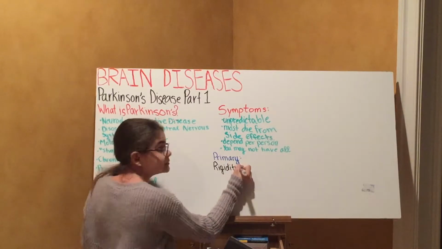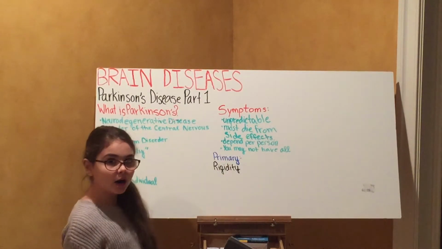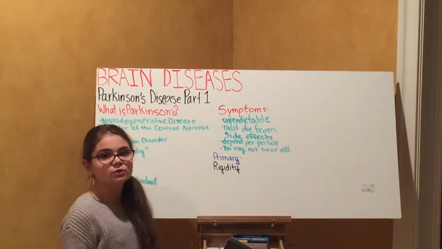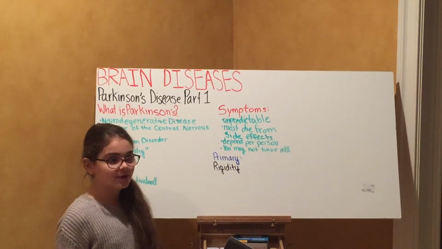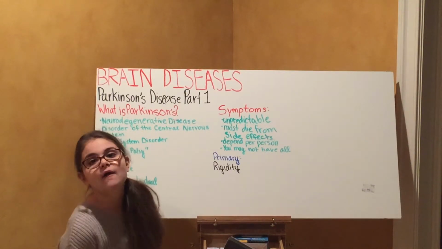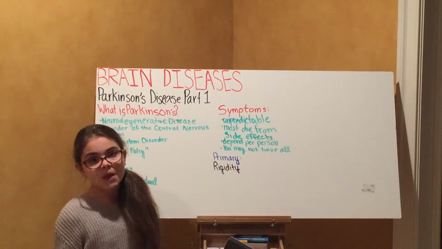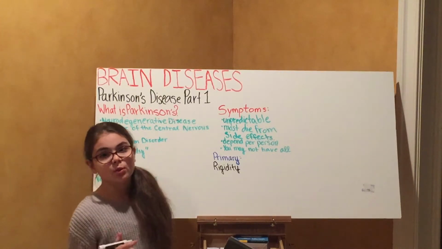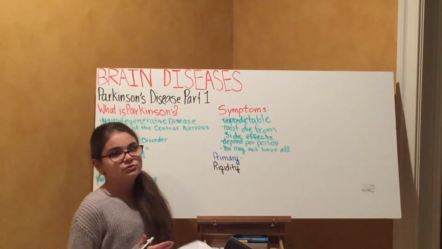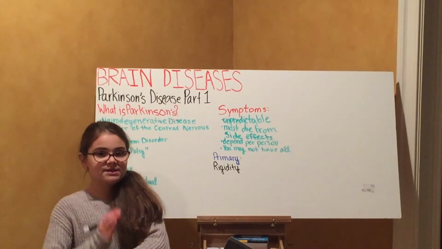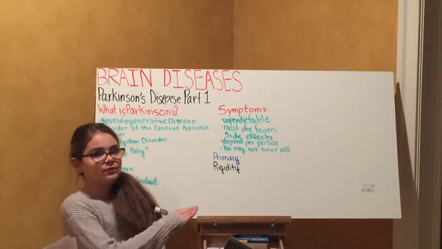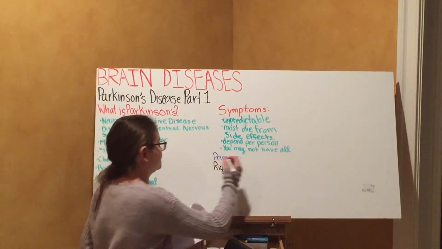And rigidity comes in 2 forms, lead pipe and cogwheel. Lead pipe is smooth, so you'll feel the stiff area that you might have, let's say on your leg, very smooth. And cogwheel will feel more bumpy and unpredictable, like you might have stiff bumps, but then really flexible.